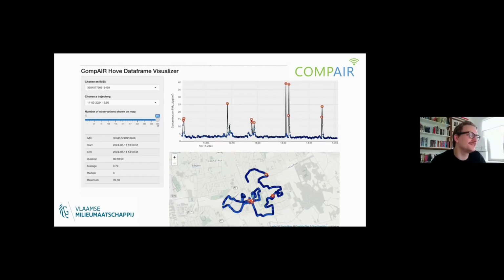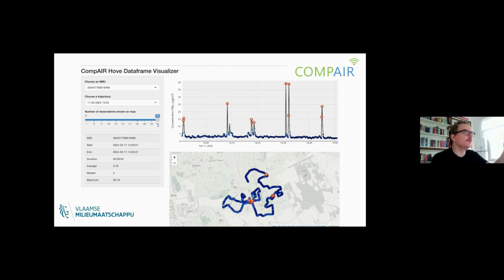So you could see a lot of trajectories like this where people measure quite a lot of spikes. The interesting thing about comparing this data is that, looking at spatial temporal data, you can see that they're passing by the same zone or hotspot multiple times. So a lot of these spikes are actually identical sources.